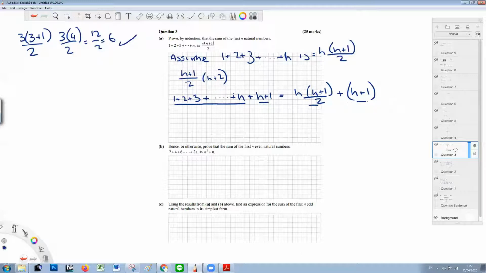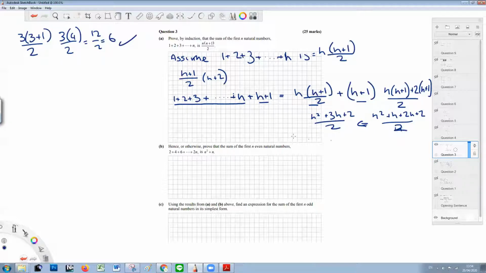So if we just do common denominators, that's going to be h times h plus 1 plus 2 times h plus 1, all over 2. And that's going to become h squared plus h plus 2h plus 2 over 2, which is going to be h squared plus 3h plus 2 over 2.